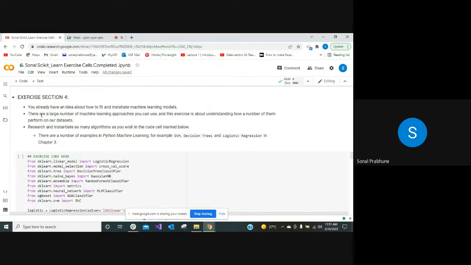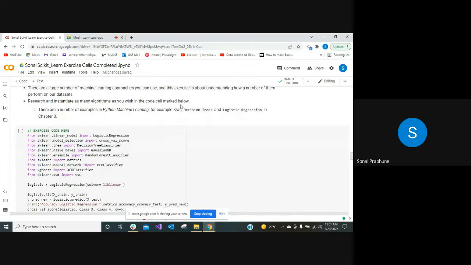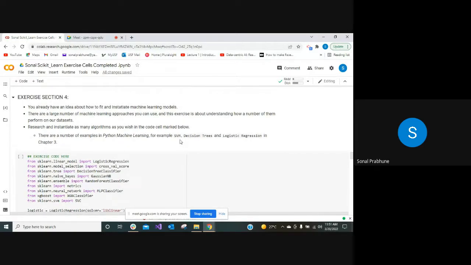The exercise is that you have to instantiate and fit these machine learning models, and research SVM, decision trees and logistic regression. SVM is support vector machines, mainly used to learn non-linearity. A decision tree plots hyperplanes to separate the data, splitting it based on certain features.